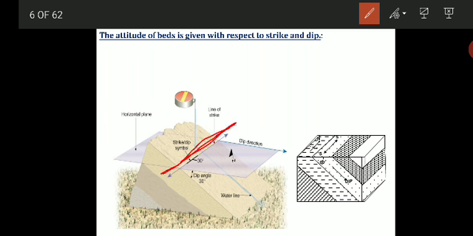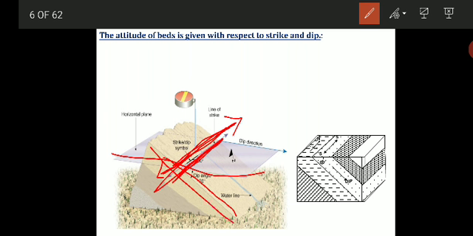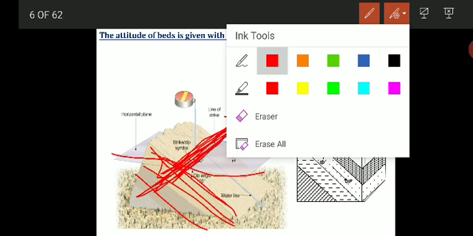Okay, this line you can see, the direction of this line which is formed by the intersection of the bedding plane and the horizontal plane. So they are intersecting along this line, so that is called as the strike, or you can say the trend of the rock. Okay, the rocks are dipping like this, so that is the trend of the rock. In this direction the beds are dipping.